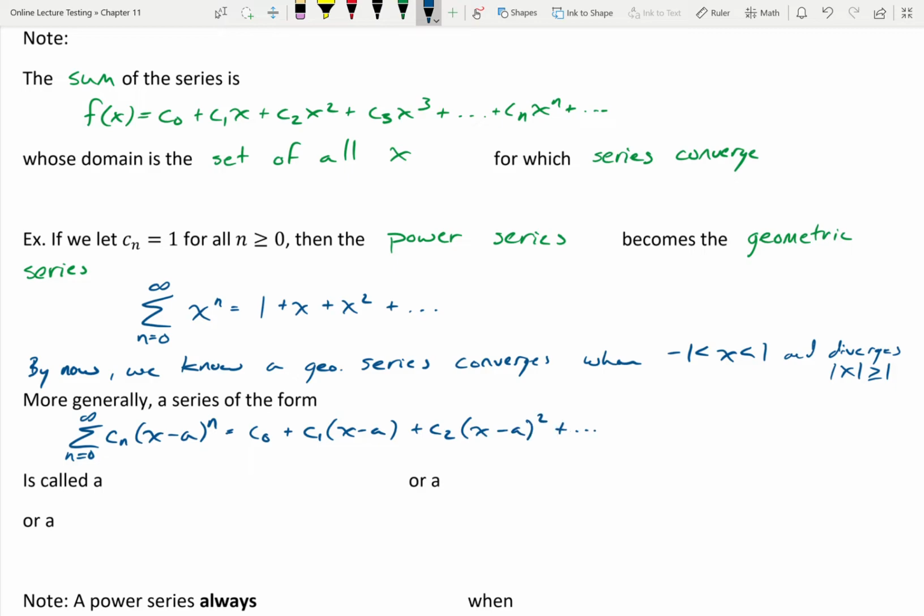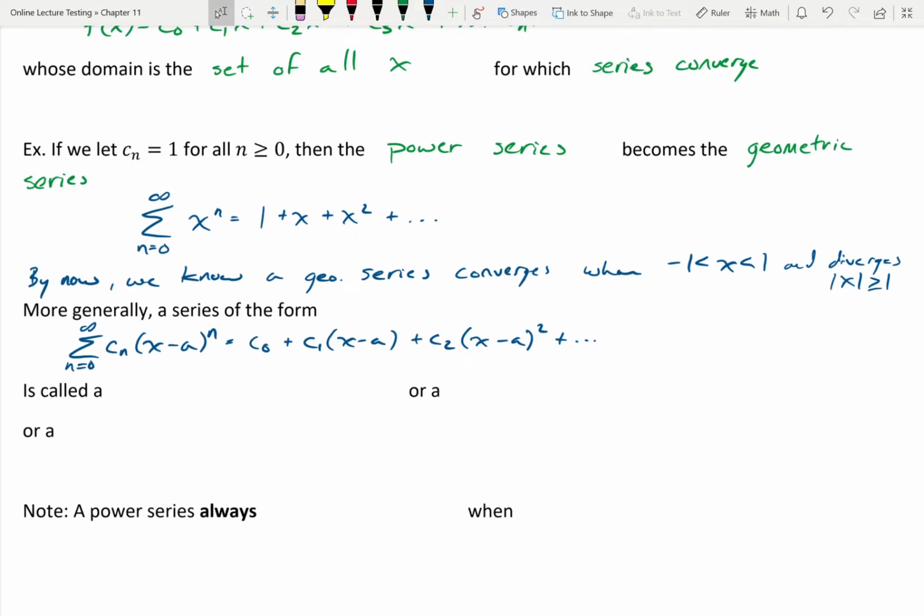This is called a power series. So this is going to have a couple different names. This is called a power series in x minus a, or a power series centered at a, which is the one we'll more than likely go with for terminology's sake.